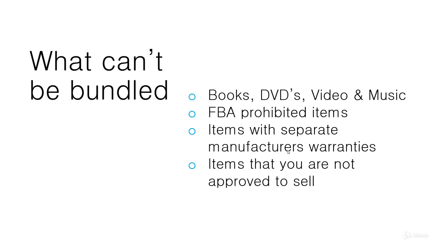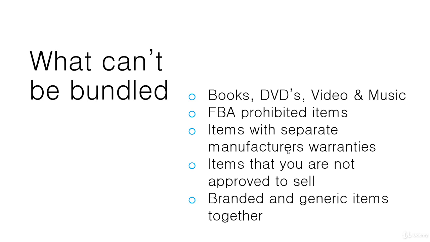So items in restricted categories, or for example, the health and beauty category, this is no longer classed as a restricted category, but many of the individual products sold in there need to have individual approval. So you cannot sneak into a bundle a product that you don't actually have approval to sell through Amazon.